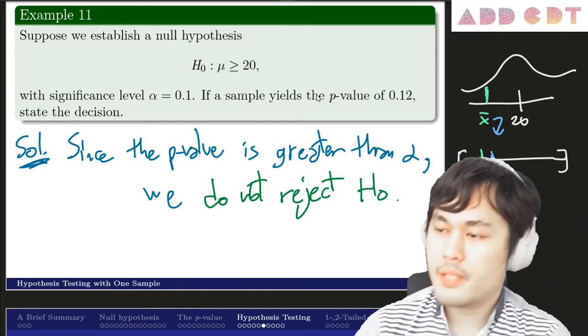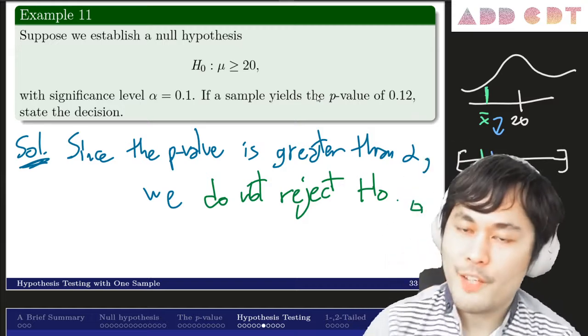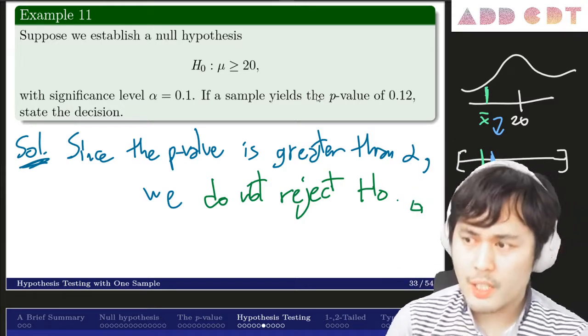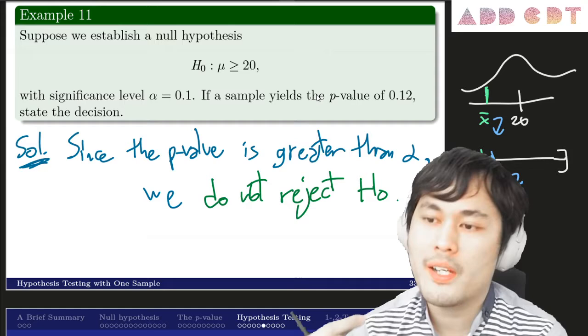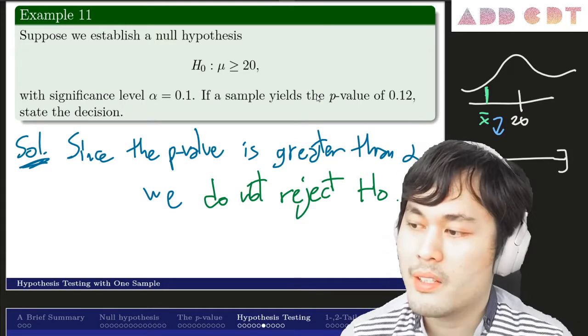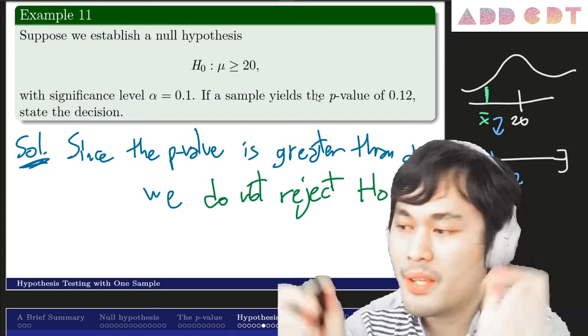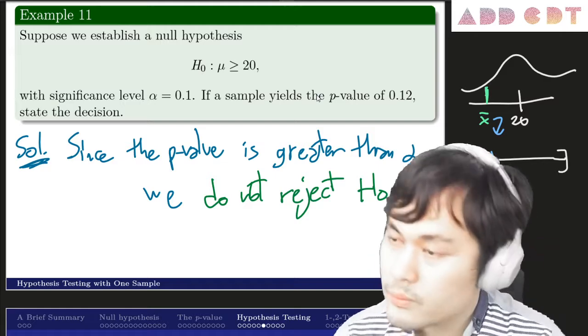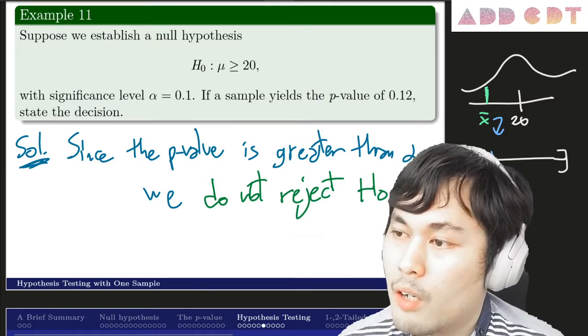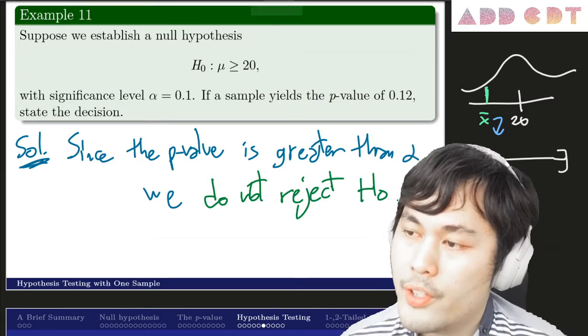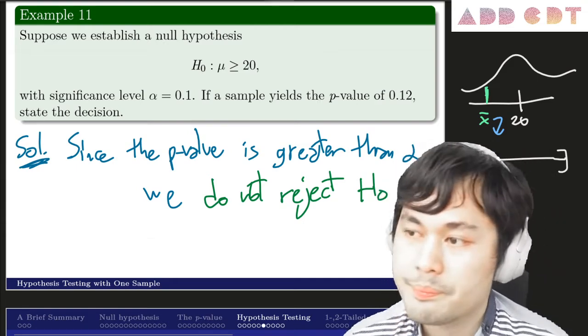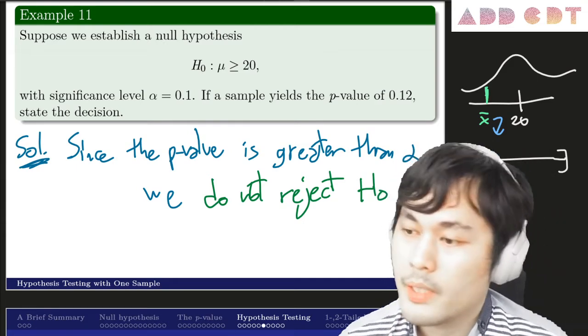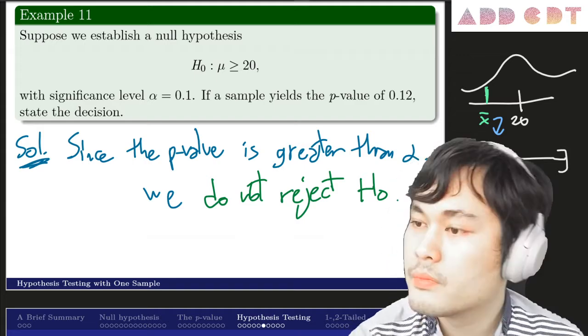So it's just one sentence, right? If you have been given the p-value and the alpha, the significance level, then we can just compare them and follow our policy to reject or not reject. And that's going to be simple enough.